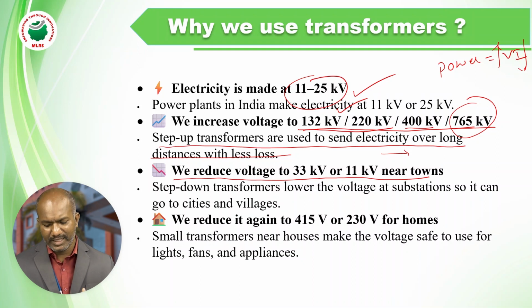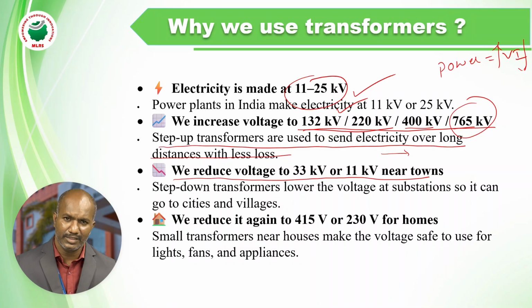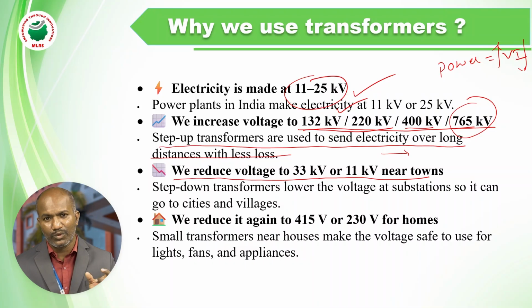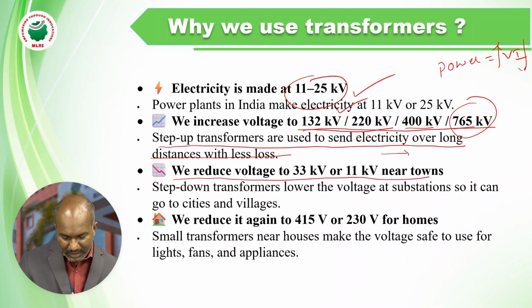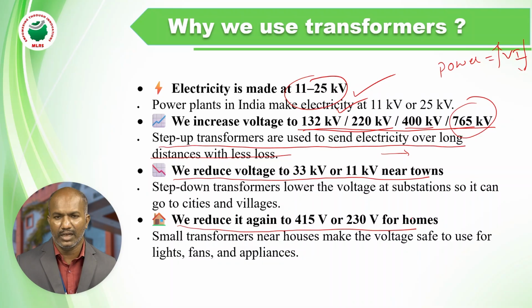So generation level is 11 to 25 kV. It is raised to 132 kV, 220 kV, 400 kV or 765 kV. Again, it is reduced to 33 kV, 11 kV near towns. Further, we reduce this voltage level to 415 volts or 230 volts for homes.